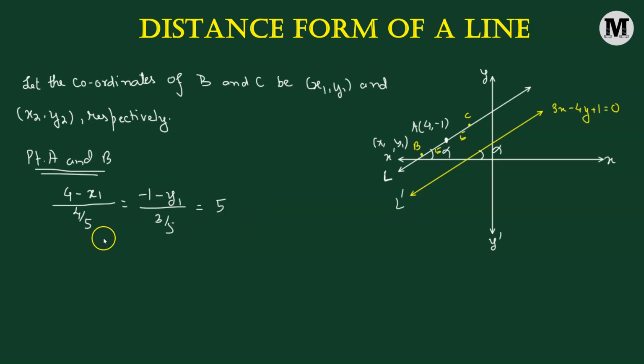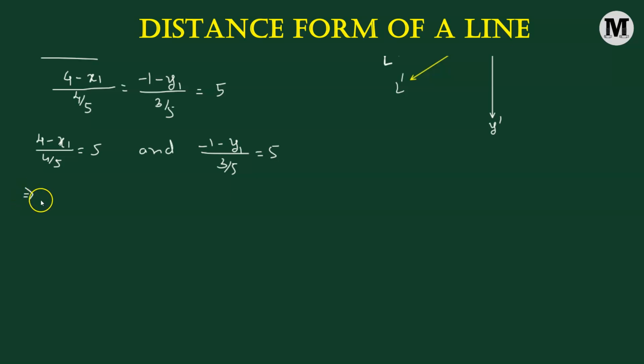Now we solve this, and this is going to help us obtain the value of x1 as well as y1. First we equate 4 minus x1 divided by 4 over 5 to 5. Then separately we equate -1 minus y1 divided by 3 over 5 to 5. So we cross multiply to get 4 minus x1 equals 4 over 5 multiplied by 5, which simply leaves us 4.